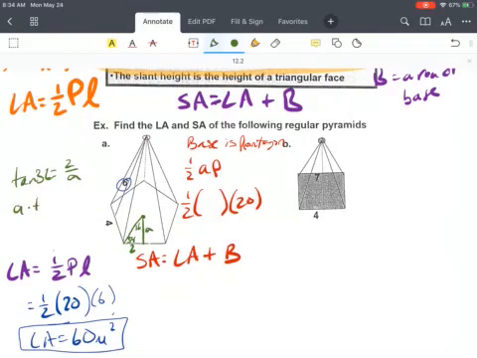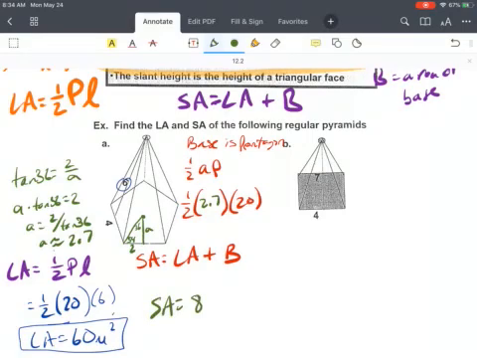So a times the tangent of 36 equals 2. Then a is 2 divided by tangent of 36, and I'm going to get that a is about 2.7. I'll use that in my apothem, add that to my 60, and I'm going to get that my total surface area is 87.5 units squared.